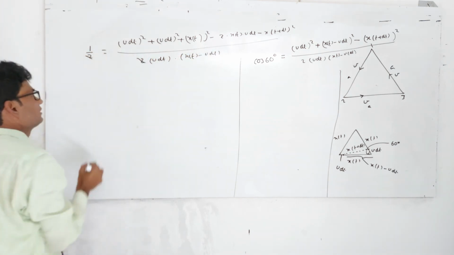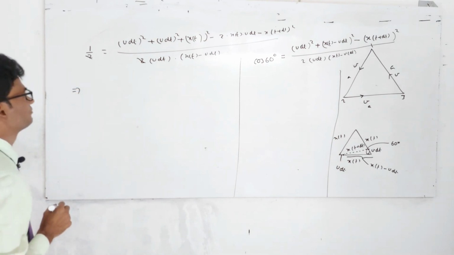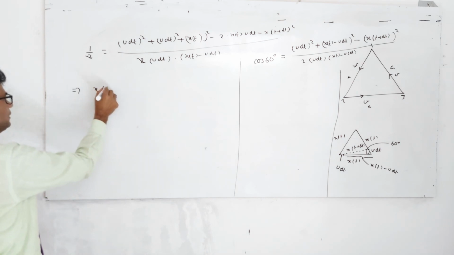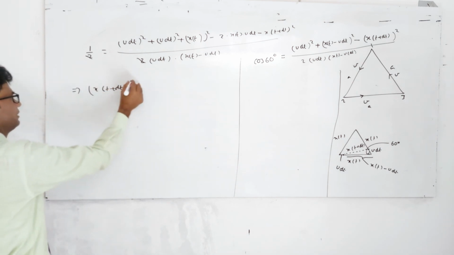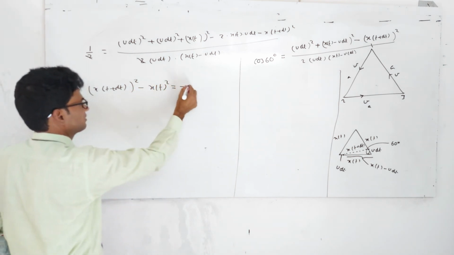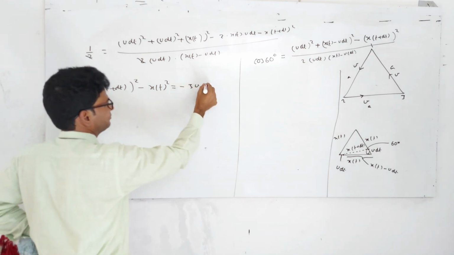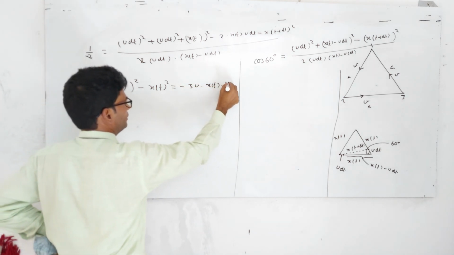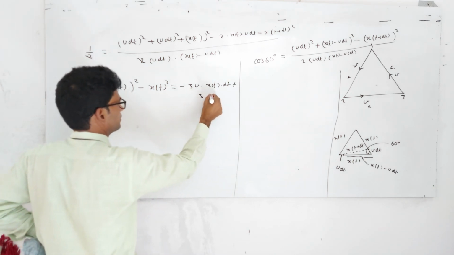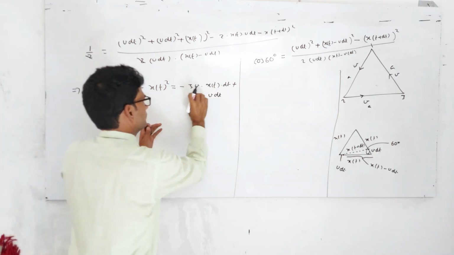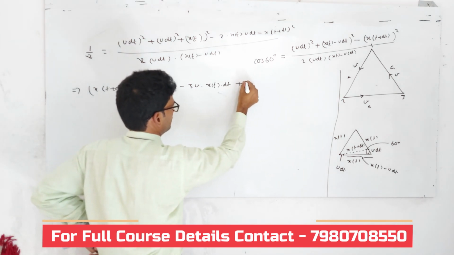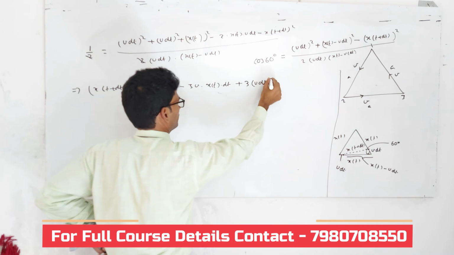So to cancel from here, now this implies that x of t plus dt whole square minus x of t whole square is equal to minus thrice v x of t dt plus thrice v dt whole square.